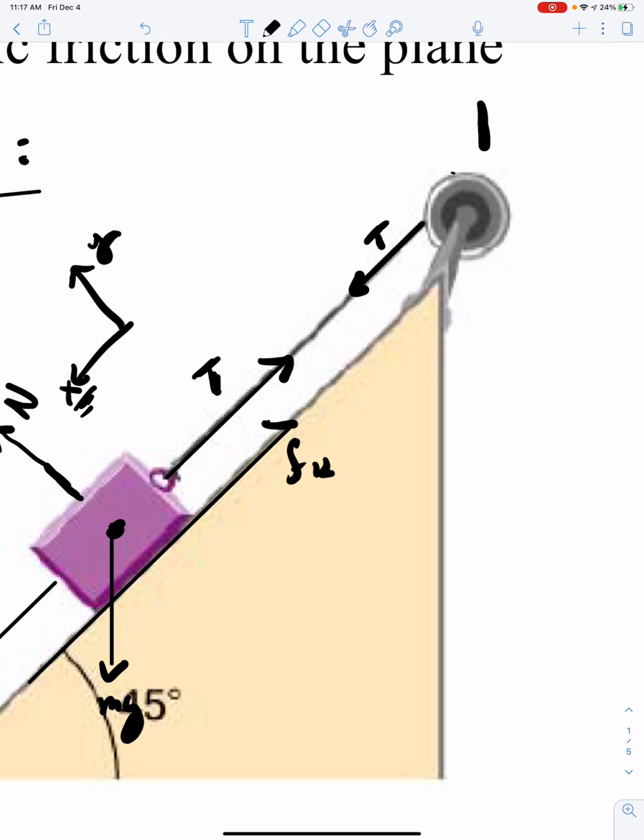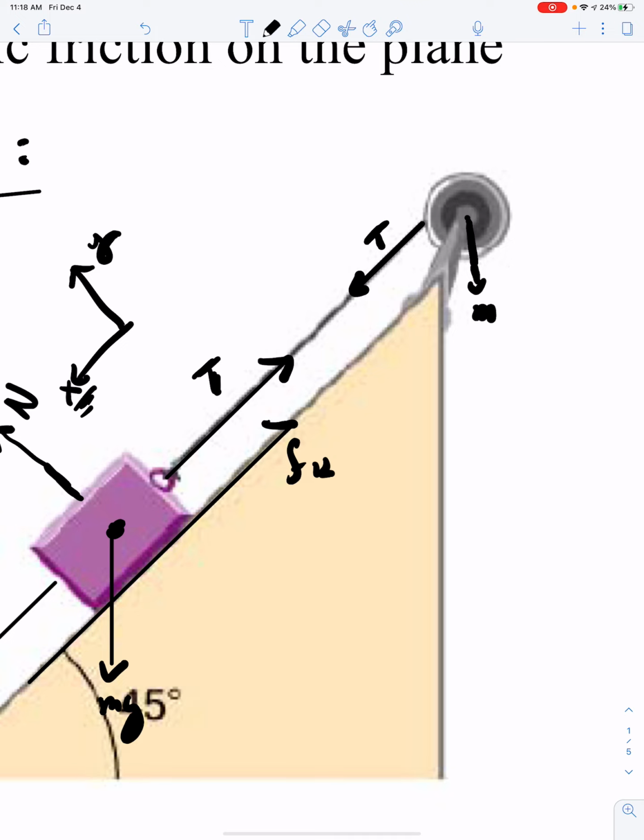And since it's going away from the object, that's why I am pointing it towards the block, because we're studying right now the pulley. Tension is the only force that we care about, because whenever we see a pulley, we solve it in terms of torque, not in terms of force. But it does still have a weight.